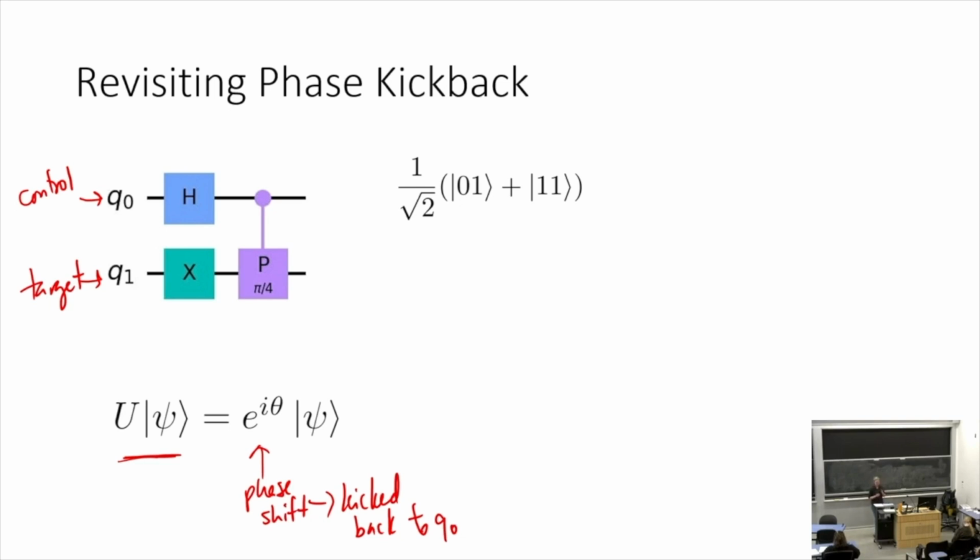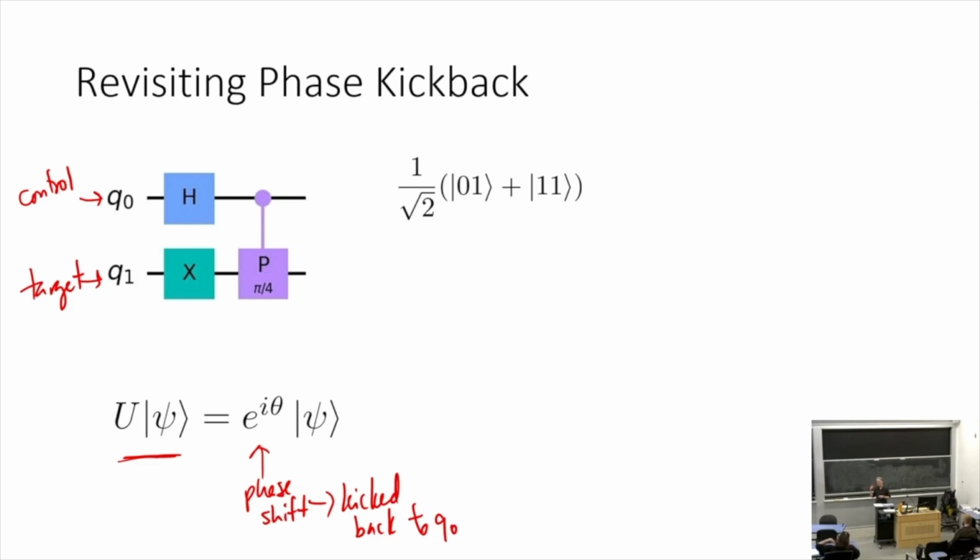So here's where it gets interesting. So now we're going to send the qubits through this controlled phase gate. That's our oracle in this case. And the control qubit being the top one and the target qubit being the bottom one, the names are kind of counterintuitive because the qubit that ends up changing its phase is actually the control qubit.